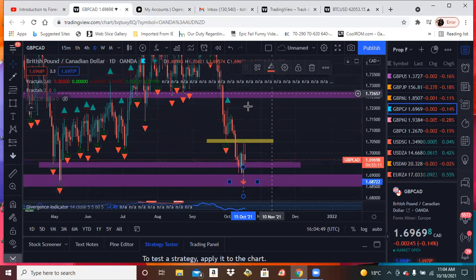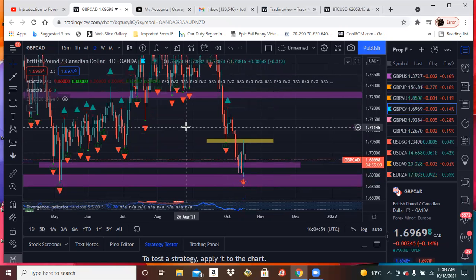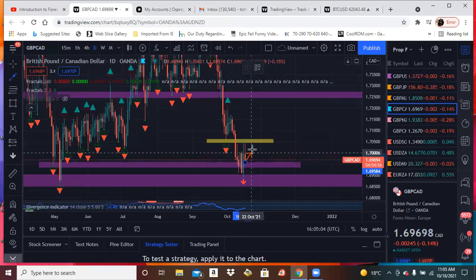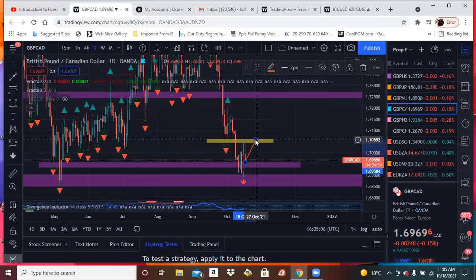Make it red. Let's say a freckle shows up right there. We already know what a freckle means. The freckle is basically you finding market reversals. A freckle shows up right there, and the next move we're looking for is to come back and test this area.